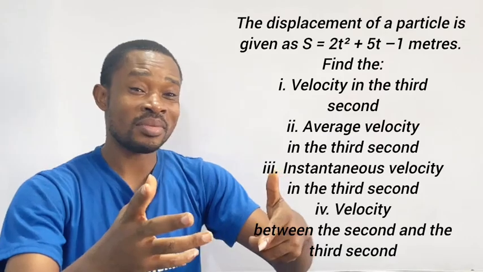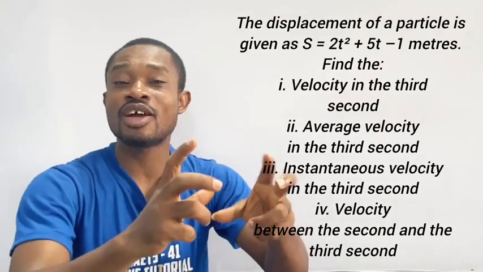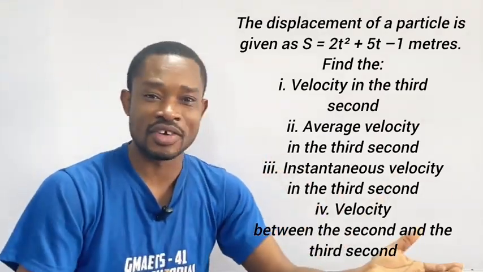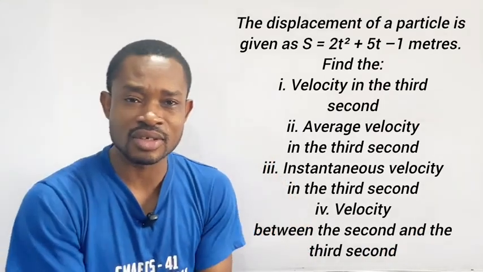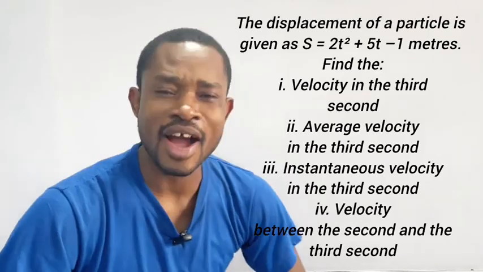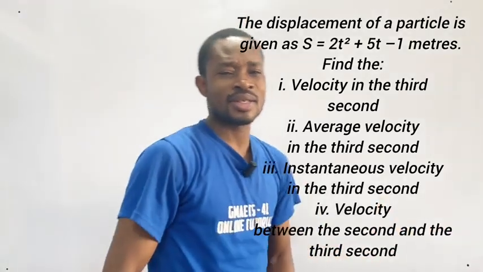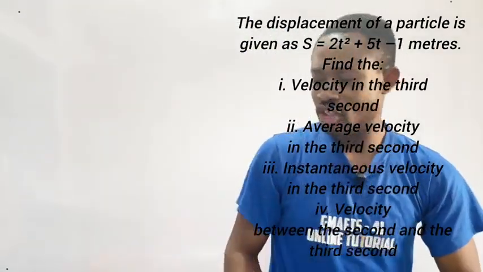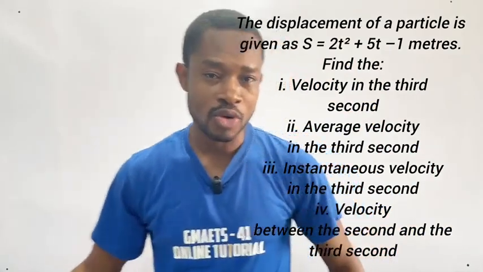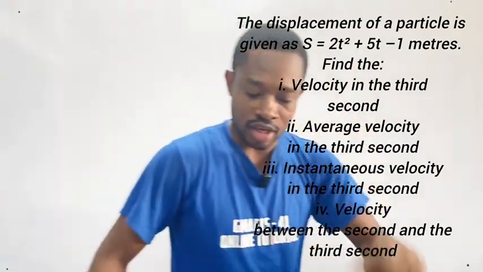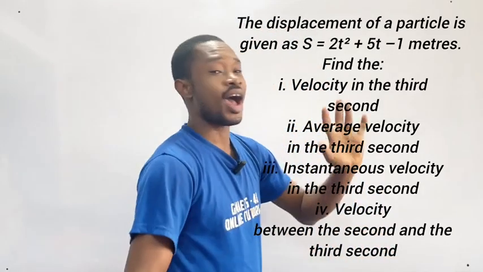Now, sometimes your examiner may not use the clear words to define them. Calculate average velocity, calculate instantaneous velocity. You are just asked to find velocity, but then there is something that is attached. How do you solve such a problem? So we are going to be dealing with this question that we have.